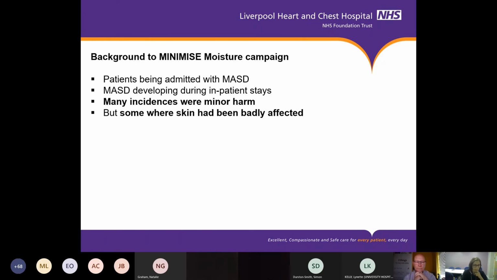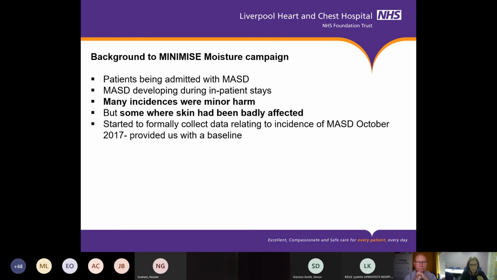Some MASD causes far more harm and consequences for the patients in terms of quality of life, pain, etc., than some pressure ulcers. And that's one of the reasons why it's questionable why it's taken so long for it to get some national recognition as being a patient harm.